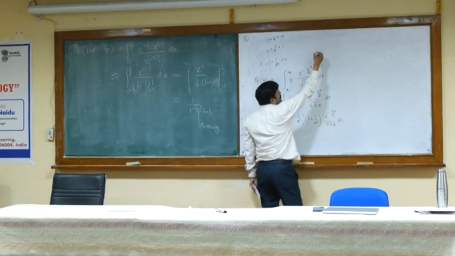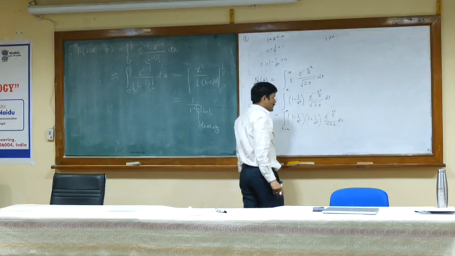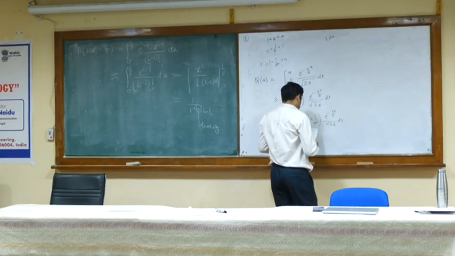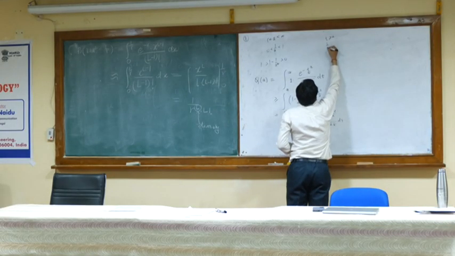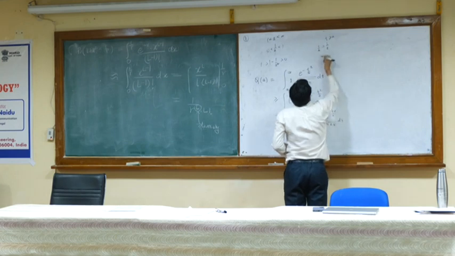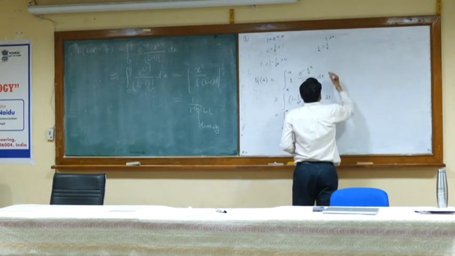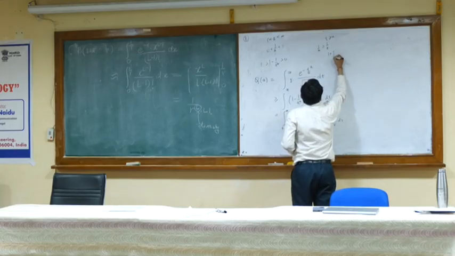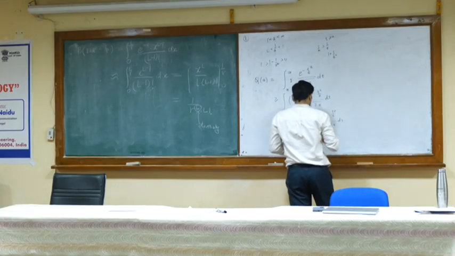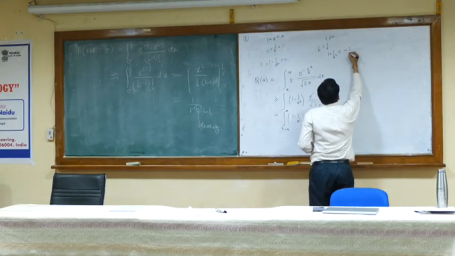So t is greater than or equal to a. It means 1 by t is less than 1 by a. Okay. So 1 plus 1 by t square will be less than 1 plus 1 by a square.